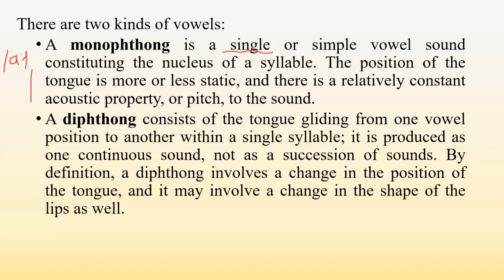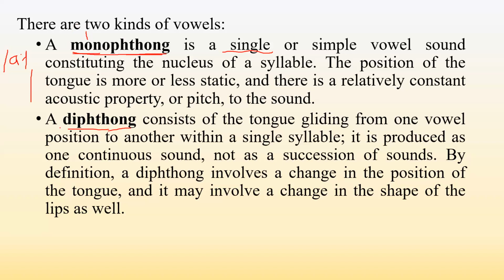Right? And the other category, diphthong. You can just think about the nature of these sounds by looking at the words. Mono means one, and thong means sound. So monophthong means one sound, a single vowel sound.